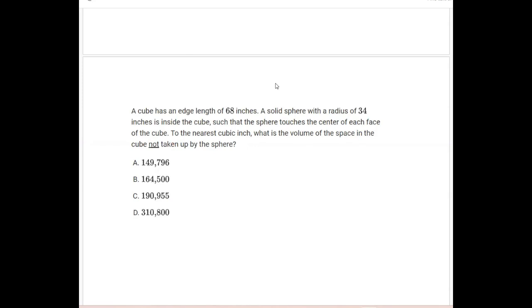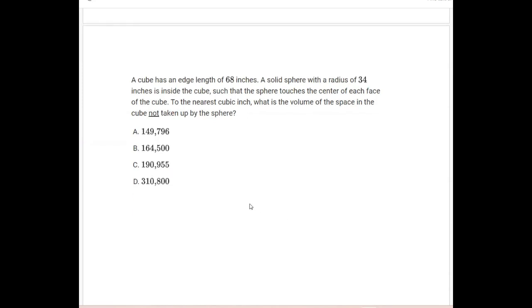Okay, so what this question is saying is that we have a cube, and then we have a sphere inside it. So basically, the sphere is inside the cube. And we know that each length of a cube is 68 inches, and the radius of the sphere is 34 inches.